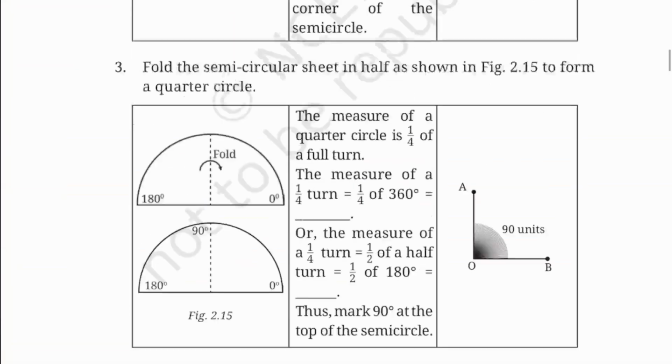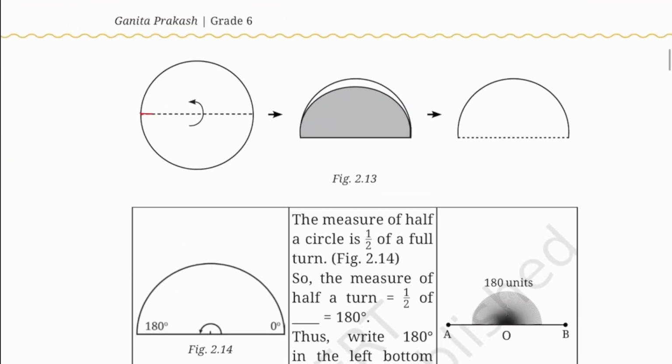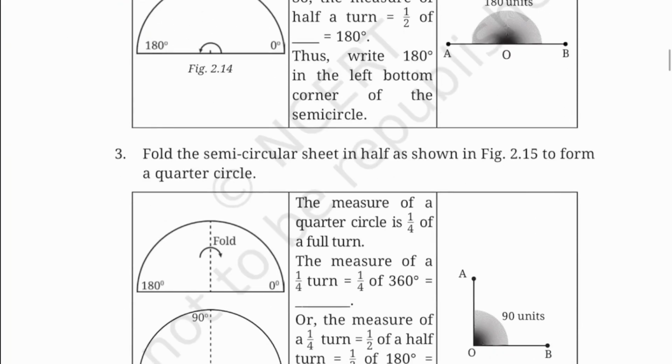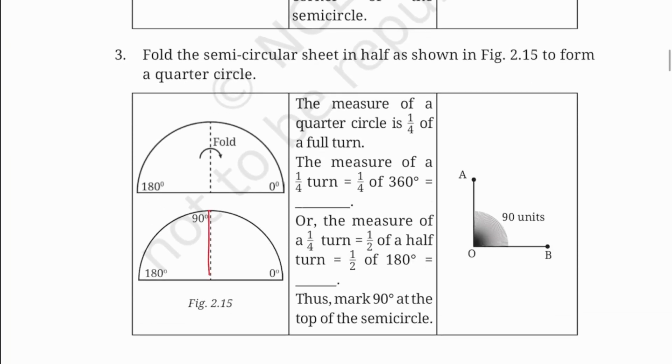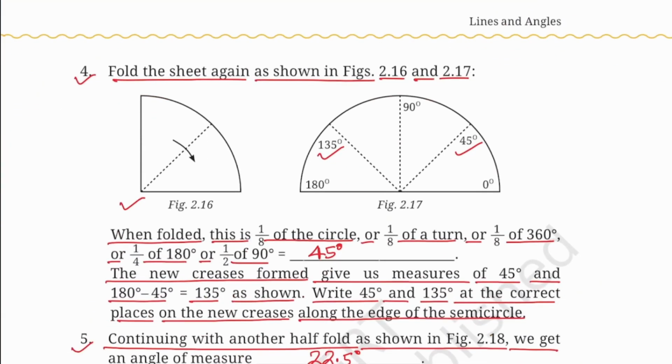In first picture, this one is the angle bisector, that is, it bisects 360 into 180 and 180. Similarly, this line is an angle bisector, divides 180 into two right angles, that is 90 degree and 90 degree each. Similarly, this is an angle bisector.